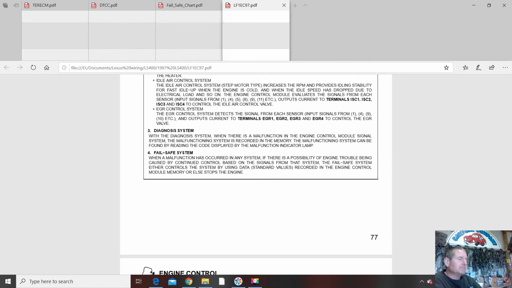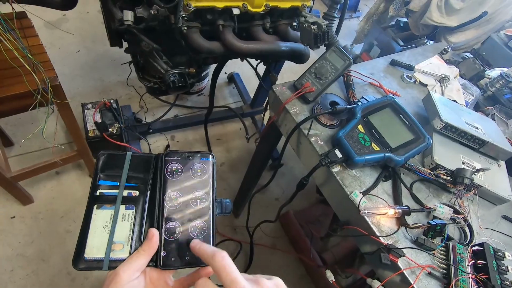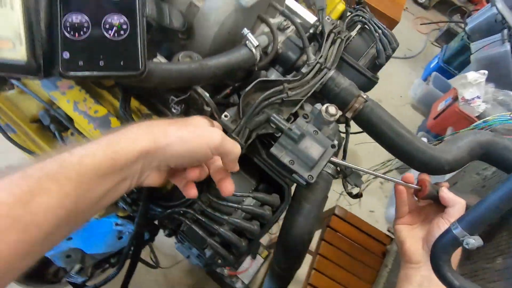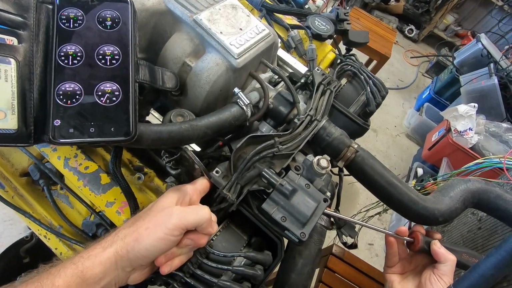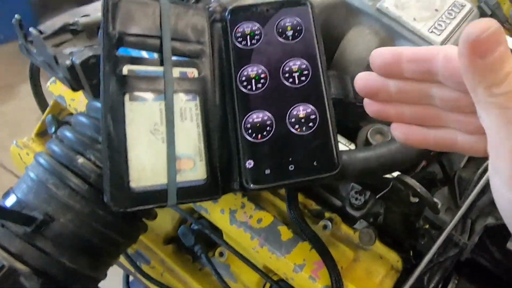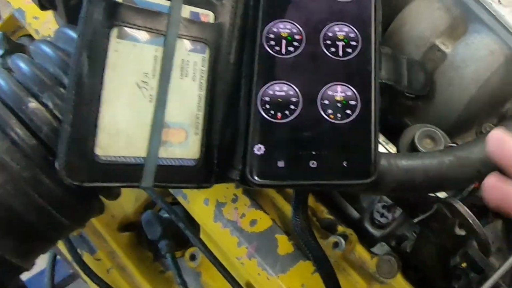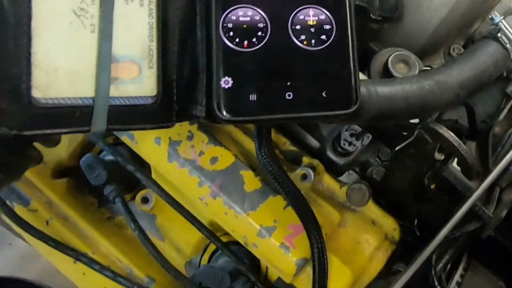Let's demonstrate. So I'm using my phone. We can see here we've got coolant at 11 degrees. So do we see this? We now have 80-degree coolant. The Toyota ECU has just made stuff up. I'm going to plug this EFI temp sensor back in.